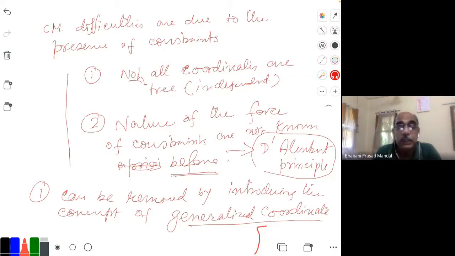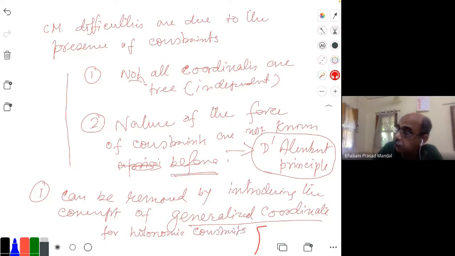you have difficulties. There are two types of difficulties. One, when a constraint is present, all coordinates are not independent. That we know, because the degrees of freedom will be less, and this problem can be removed by introducing the concept of generalized coordinates for holonomic constraints.